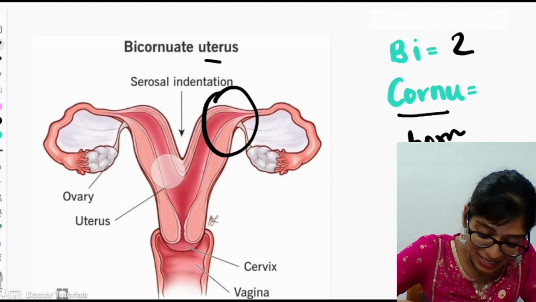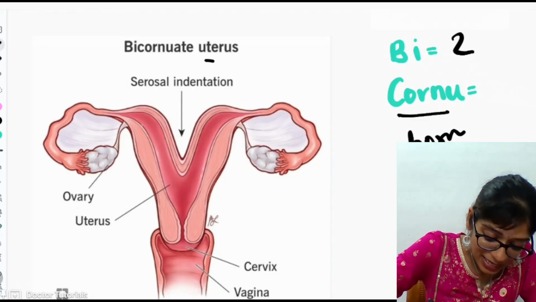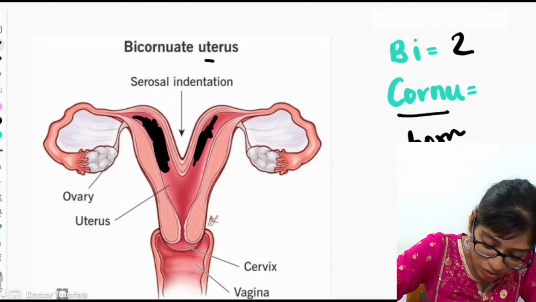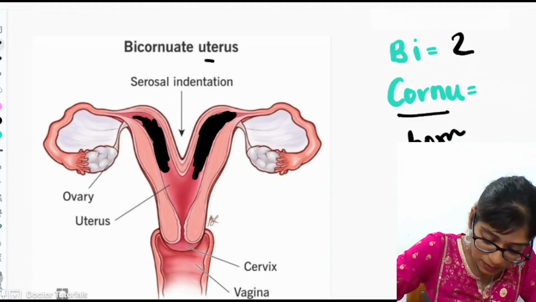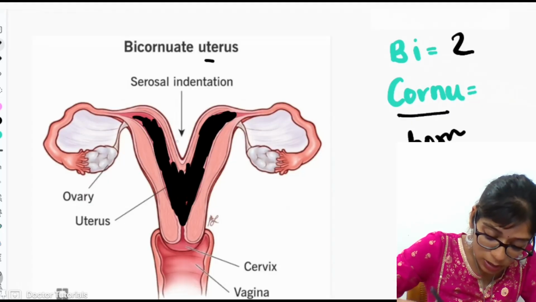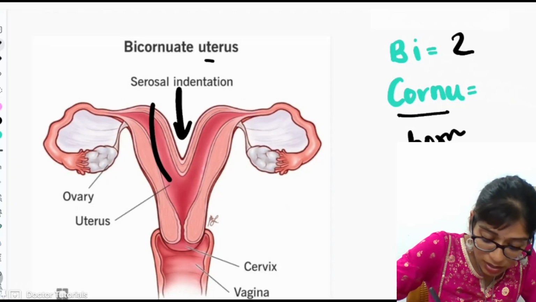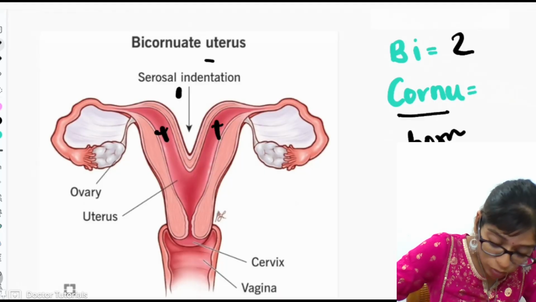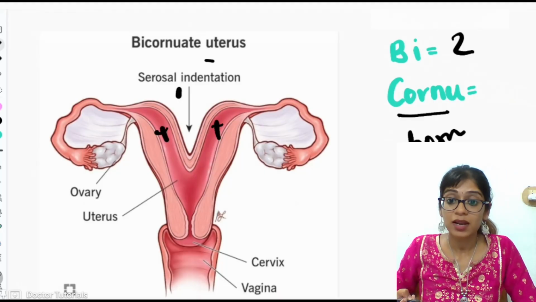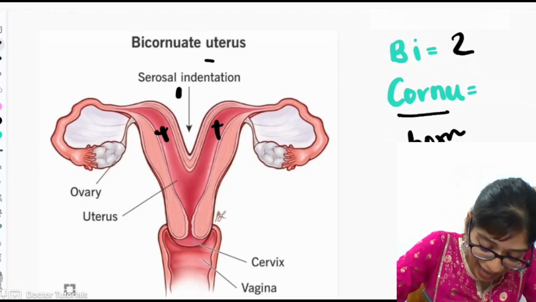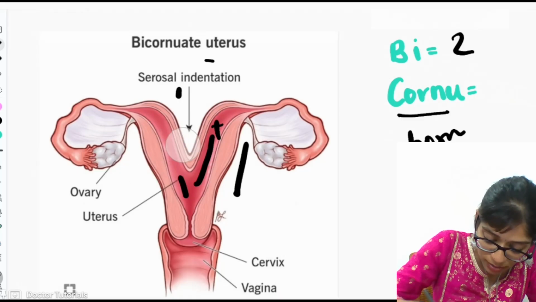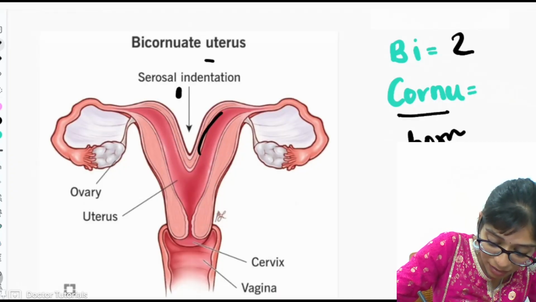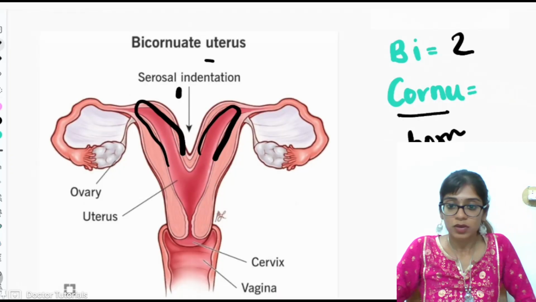The space you see here is the cavity of the uterus. Because of this depression in the upper part, it looks like there are 2 cavities. And as we go down the uterus, these two cavities become one cavity. So in the upper part we see what looks like two cavities.